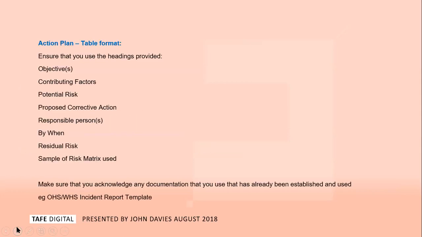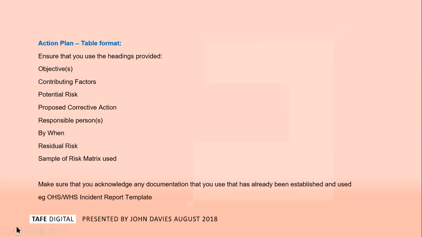Action plan. These are the headings that should be in your action plan. Objectives: a statement covering the WHS legislation compliance requirements and how this action plan will reduce workplace injuries, illnesses, or fatalities.